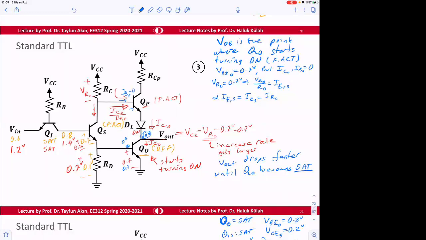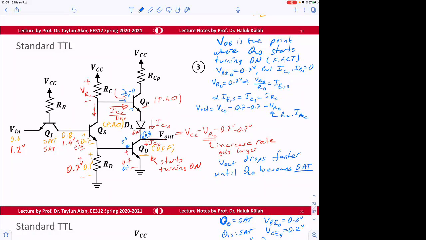So from here I can find the output voltage. So Vout for this case is going to be equal to VCC minus 0.7 minus 0.7 minus VRC, and VRC is equal to RC times IRC.